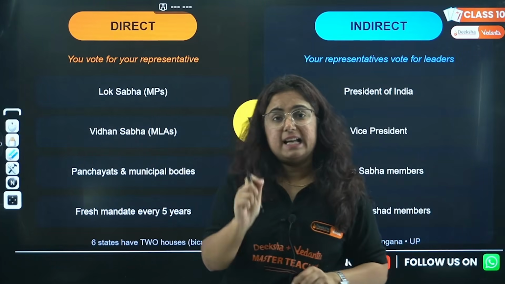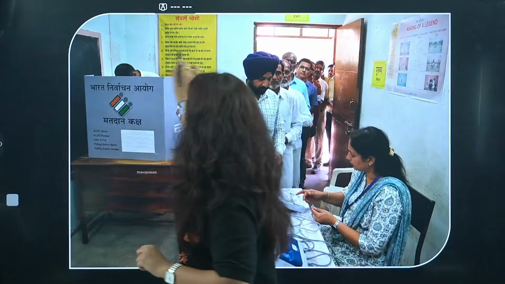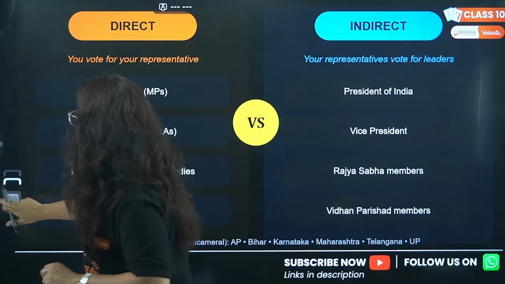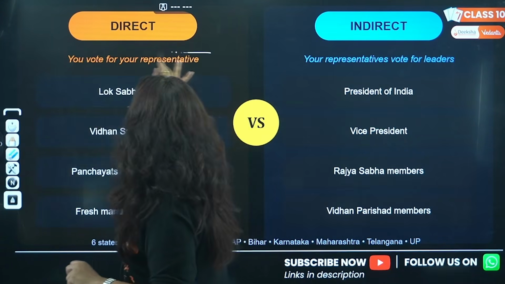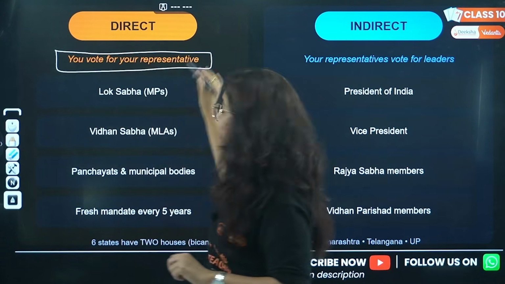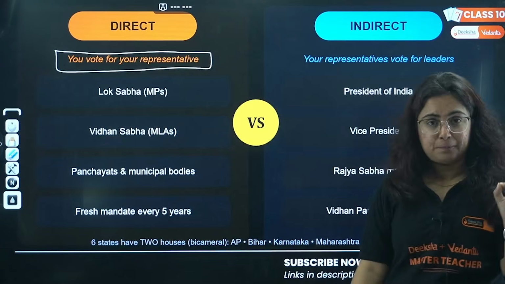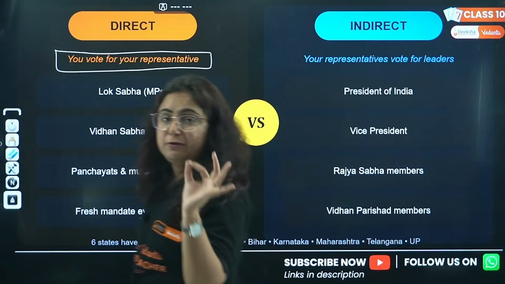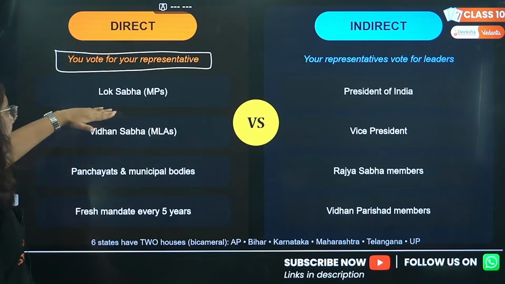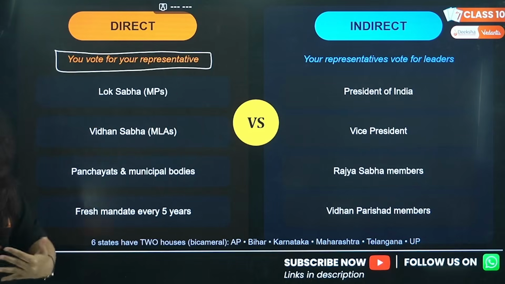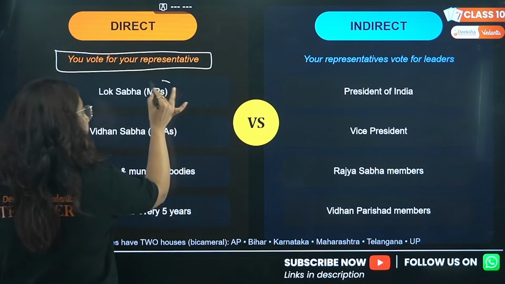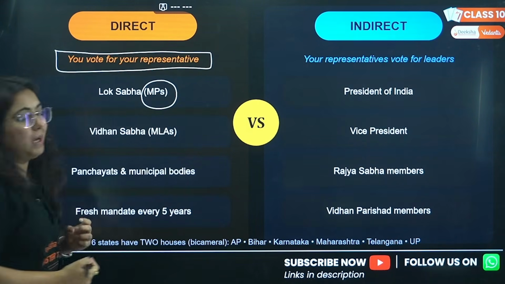Direct election is the type of election in which you vote directly for your representative, like every 5 years. Every 5 years, elections for Lok Sabha are organized, and we as citizens elect MPs, that means members of parliament.